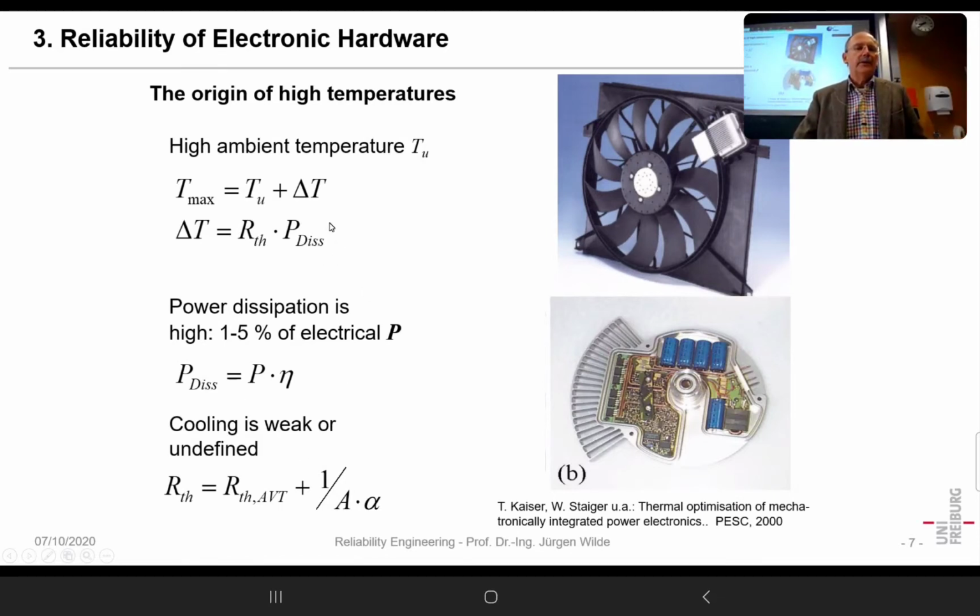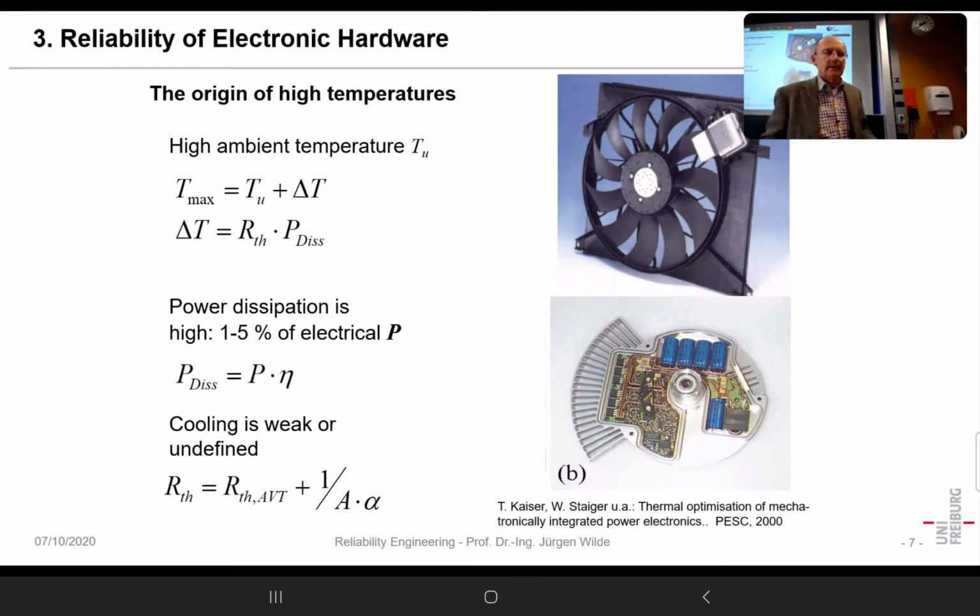And now the question is, what is the dissipated power? The power of such a fan is a kilowatt or so. And then we can have a power dissipation altogether going up to 5%. And 5% of a kilowatt is 50 watt.